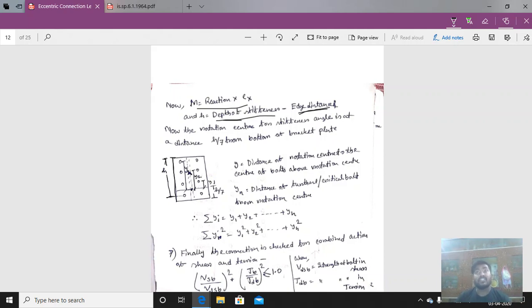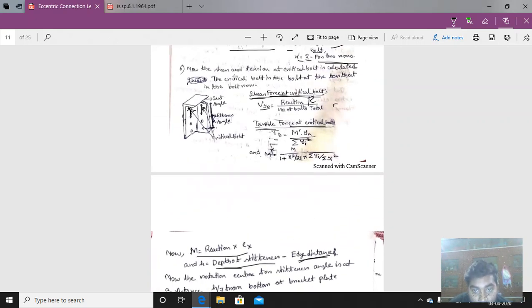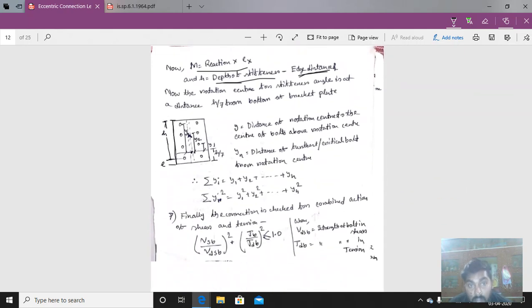So from the total, that edge distance is subtracted to get the value of h. Edge is required here, and we also have to take the value of yi from here.